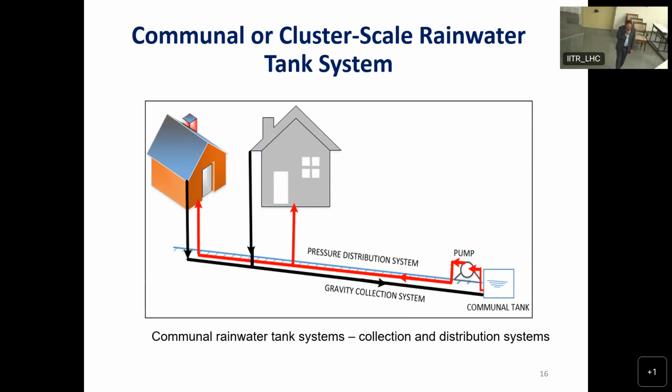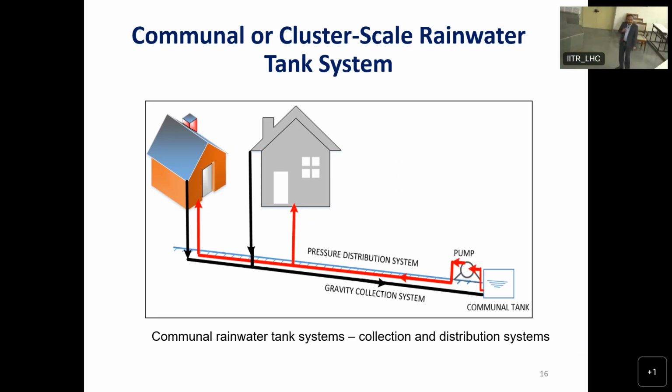The second part of my presentation will be on looking at communal or clustering scales. So far we talked about individual systems, but there can be options where we would like to have a single rainwater tank for a number of houses. In those cases, as you can see here, we collect water from each and every home and put it in a communal rainwater tank.